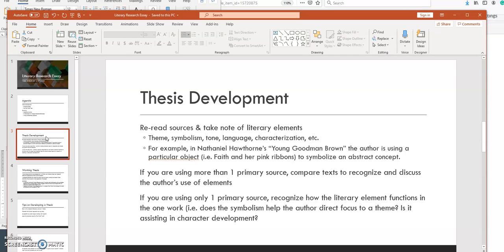So if you have chosen a text or 2 where you see a common literary element, then that might be what you want to focus on. And then even though I'm choosing to focus on symbolism in Nathaniel Hawthorne's Young Goodman Brown, I can use a lot of information about the author's background, his family's participation.